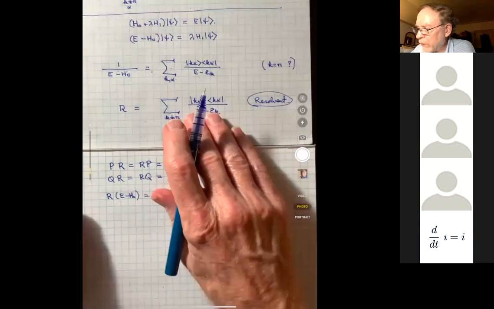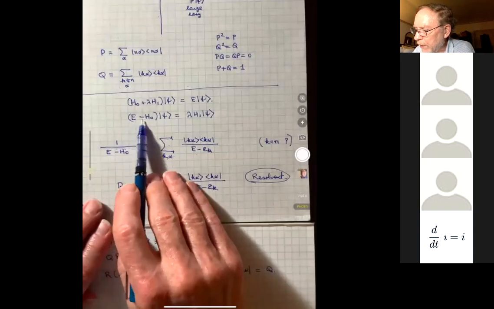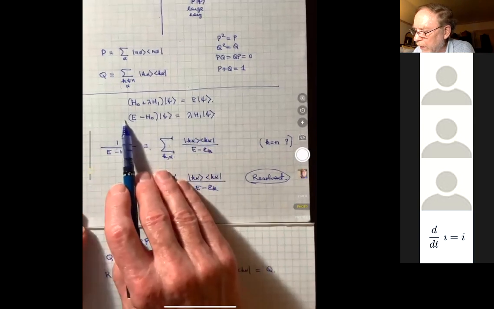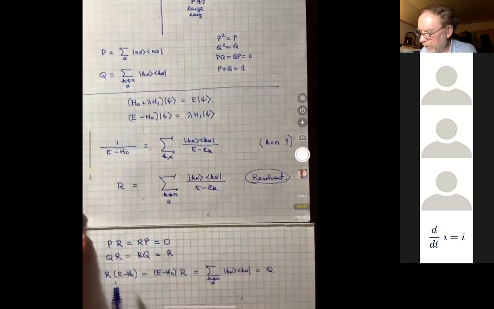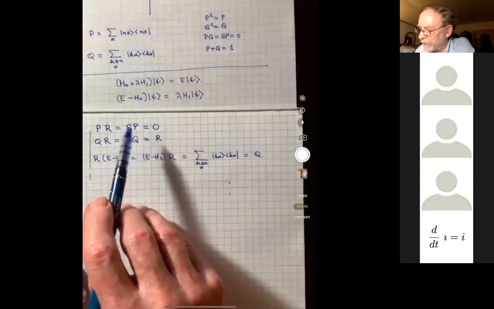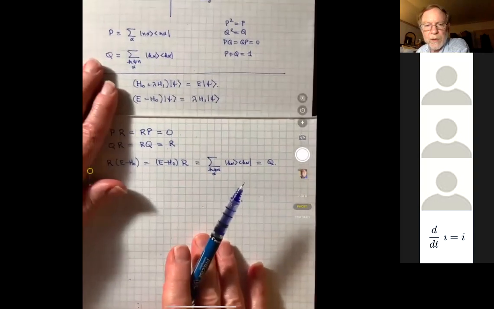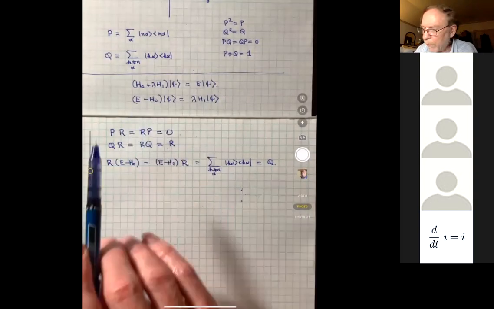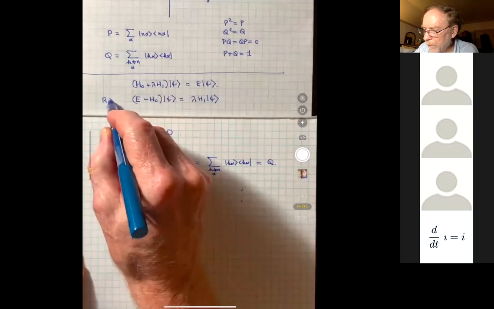Now let's go back to our Schrodinger equation in the form of E minus H0 psi is equal to lambda H1 psi. And let's multiply both sides by R. If we do, then using this expression, R times E minus H0 equals Q. I want to take this equation and multiply by R on both sides.